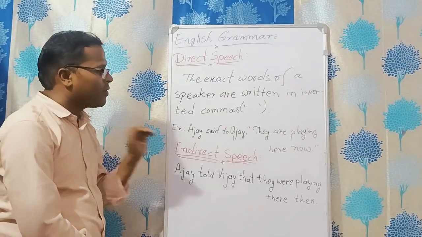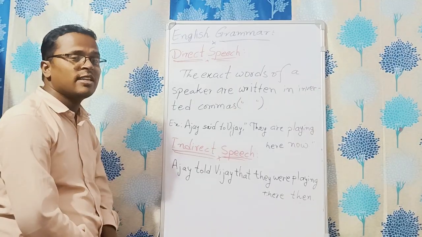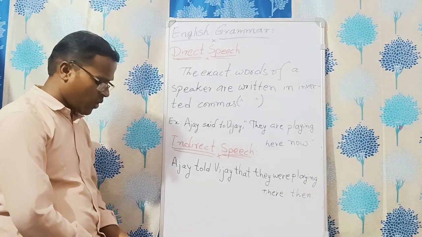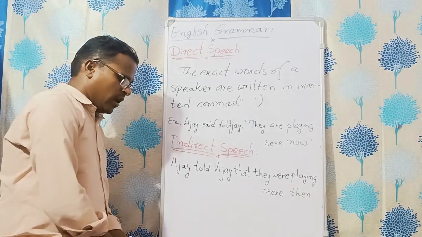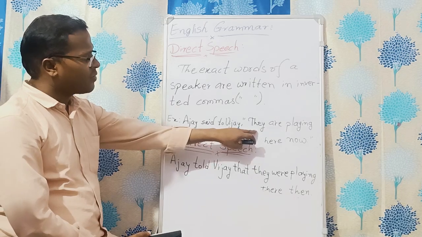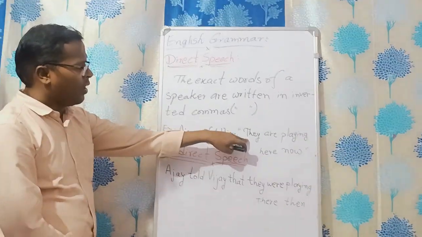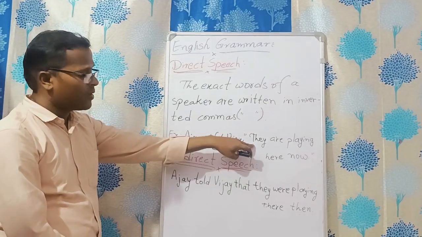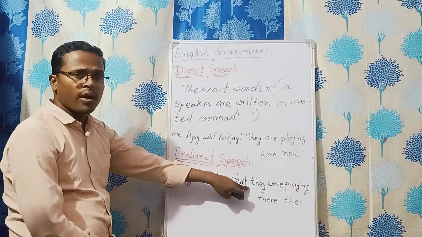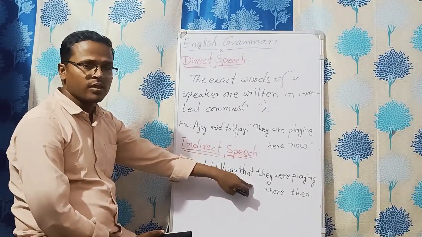These are very important to remember while changing direct speech to indirect speech. See here, I will change another sentence. This is a declarative sentence. When the direct speech is a declarative sentence, we have to use the conjunction 'that' to change into indirect speech.